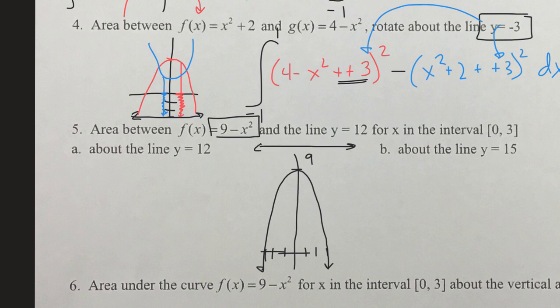Okay, so we're not even looking at anything over here. We're just looking at 0 to 3. Okay, so this is the area we're rotating, that stuff right there. Okay, so the line y equals 12. Okay, so we're rotating it this way, right, where 12 is your axis of rotation.